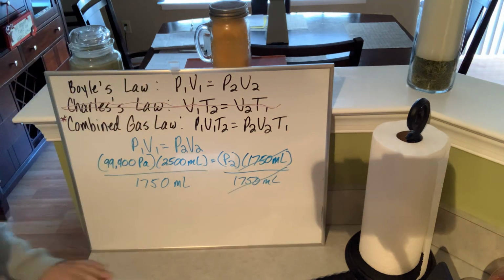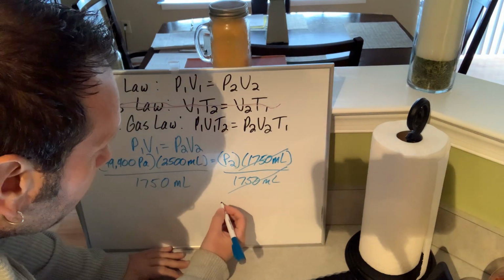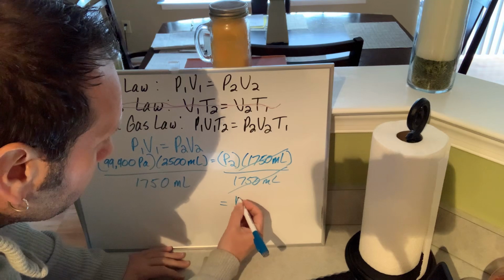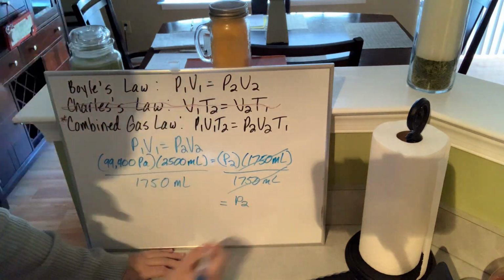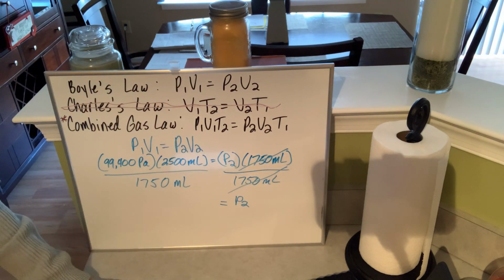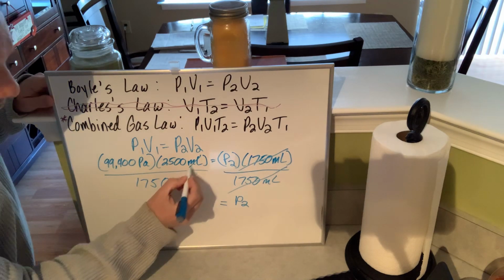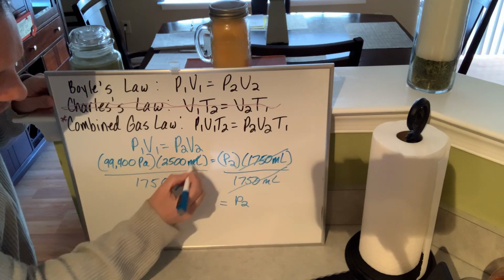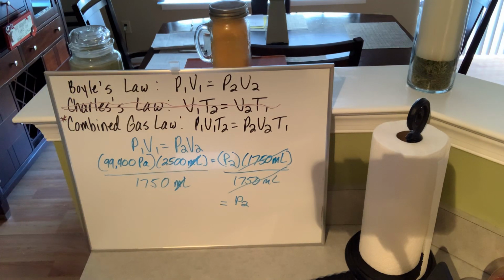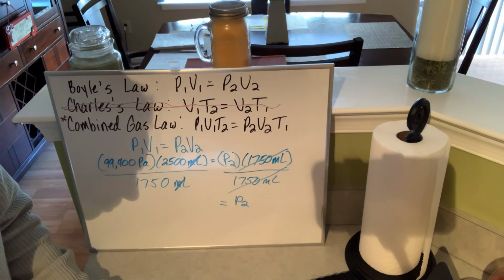It's going to go away, and the only thing that's going to be left over here is P2. But here, the milliliters and the milliliters are going to cancel out.